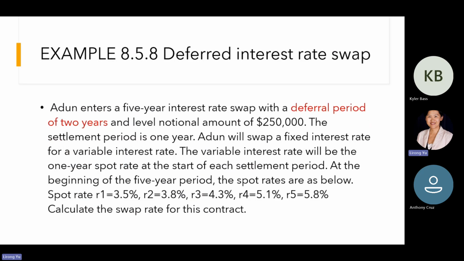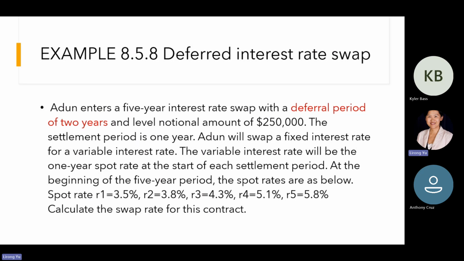So here we have Don entering a 5-year interest rate swap with a deferred period of 2 years and a level notional amount of 250,000. The settlement period is 1 year. Don will swap a fixed interest rate for a variable interest rate, so receiving the variable rate and paying the fixed rate.